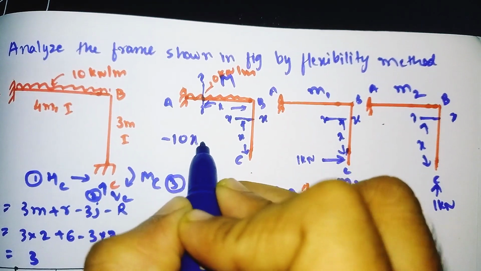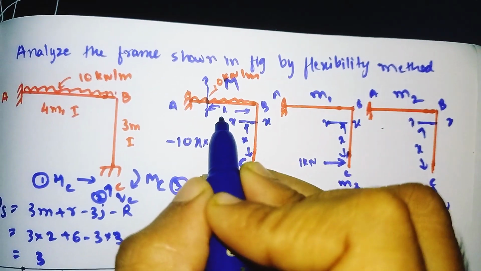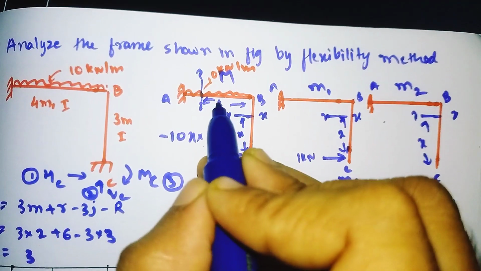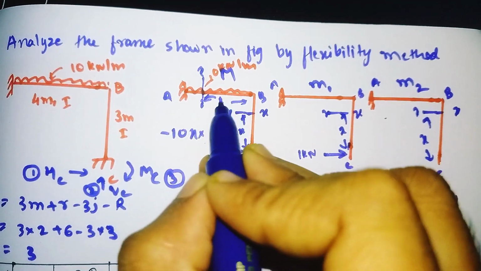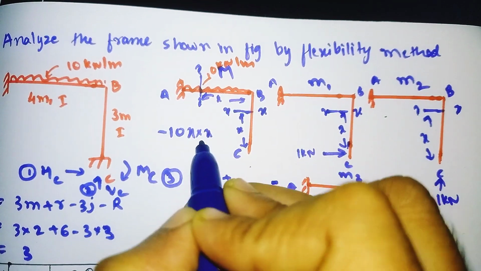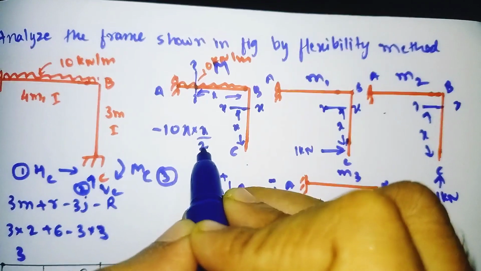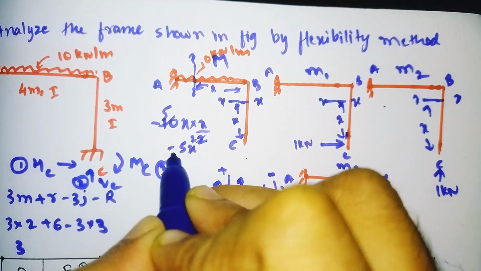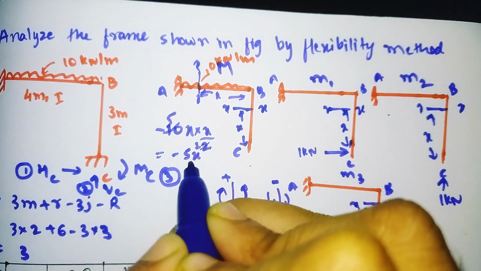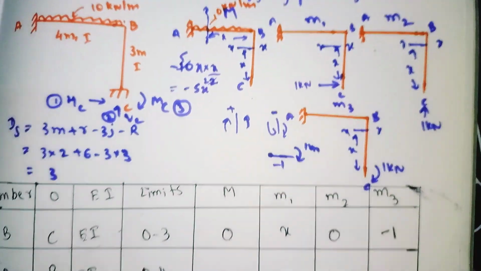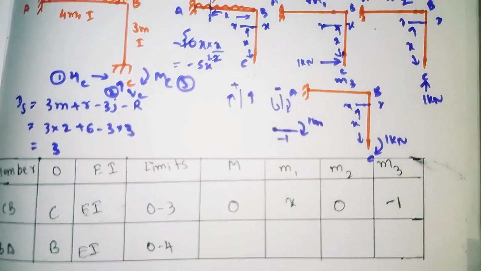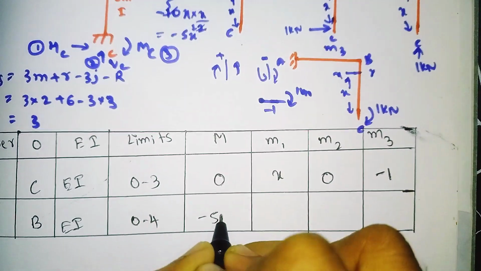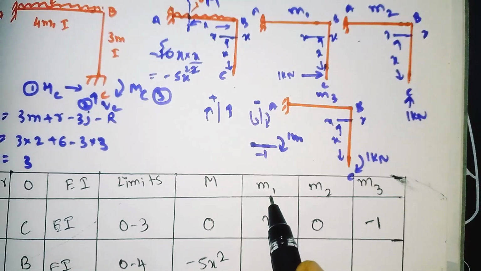From here to here is x. UDL usually acts at a distance of L by 2. L by 2 is nothing but x divided by 2. So solve it, 2 1 ja 2 5 ja, it comes -5 into x square. -5 x square is our M value for the BA member.